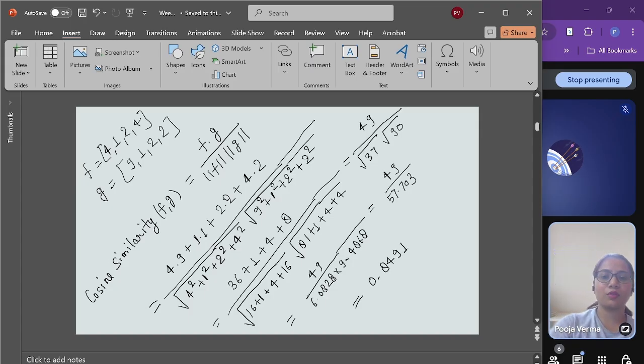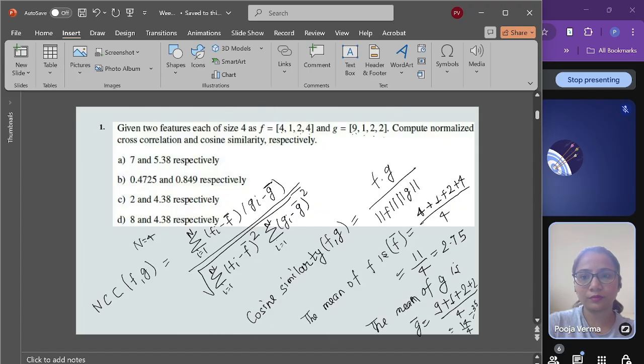So this is the cosine similarity for this question, and option B is the correct answer. What we have calculated are the two basic formulas to calculate normalized cross correlation and cosine similarity.